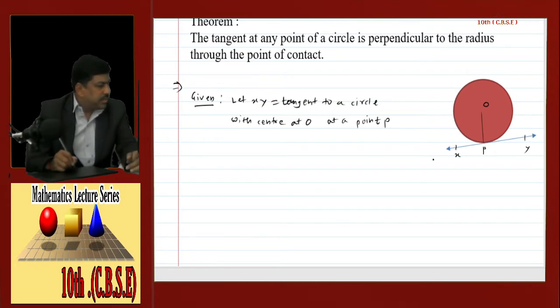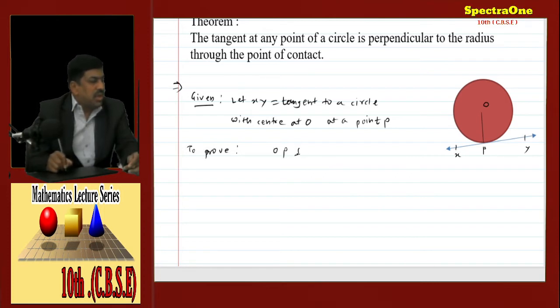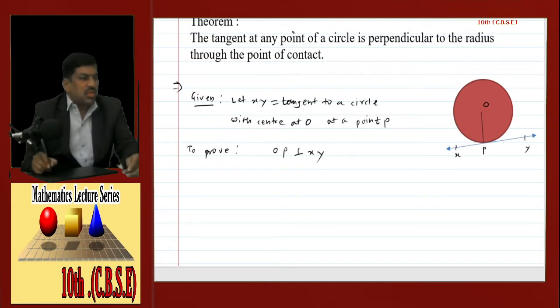To prove: OP is perpendicular to XY. We have to prove that OP is perpendicular to XY.